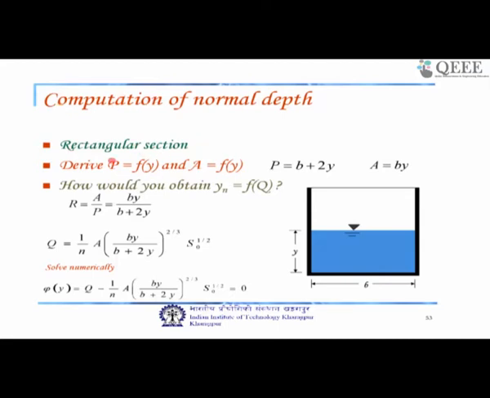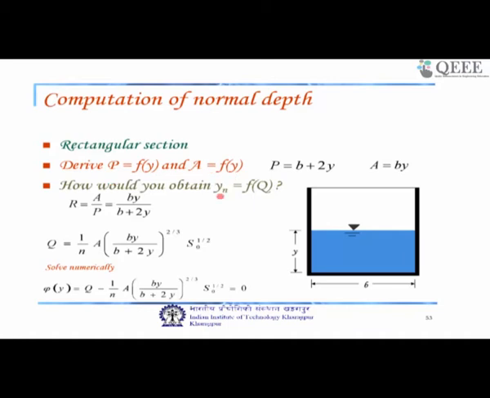In a rectangular cross section, we can represent the perimeter as a function of y and area as a function of y. Perimeter we can represent as b plus 2y, 2y for the two sides and the width at the bottom. Area is b into y.